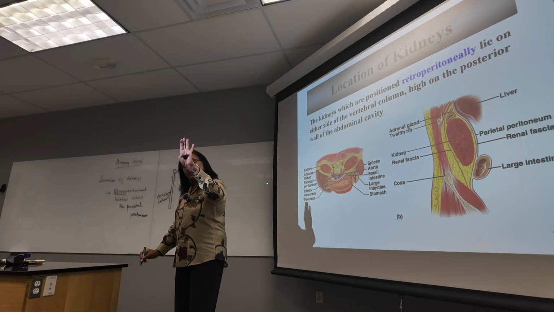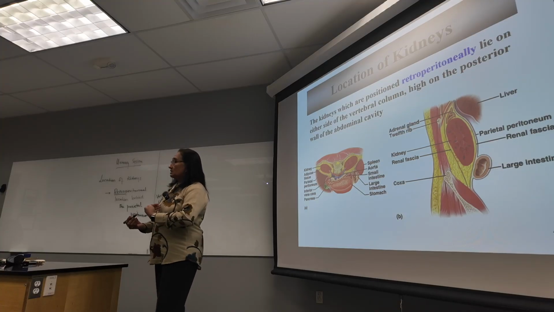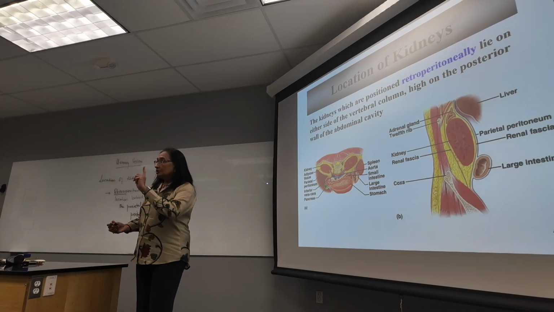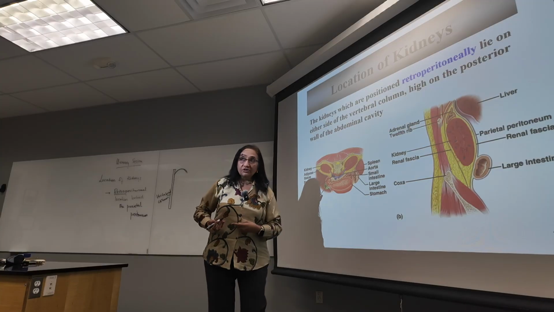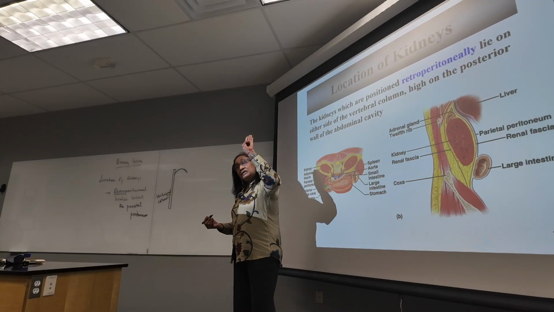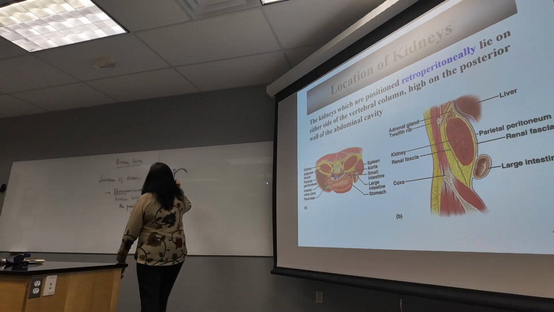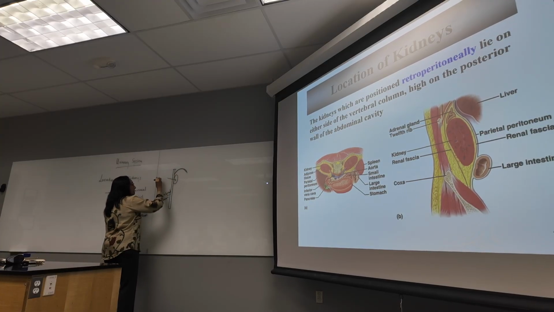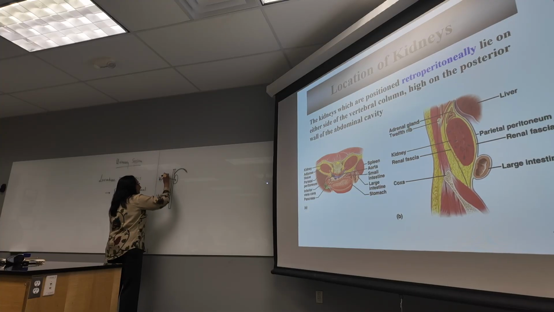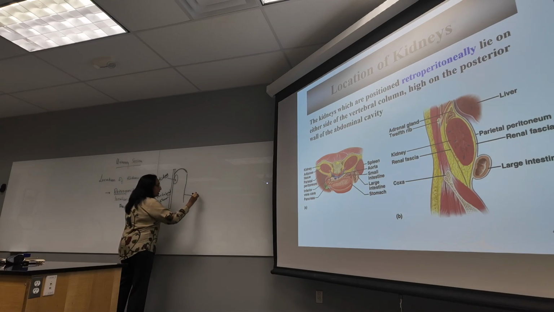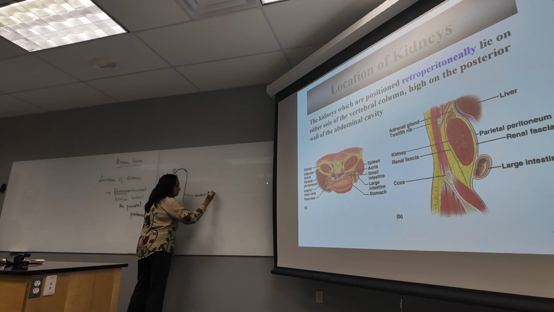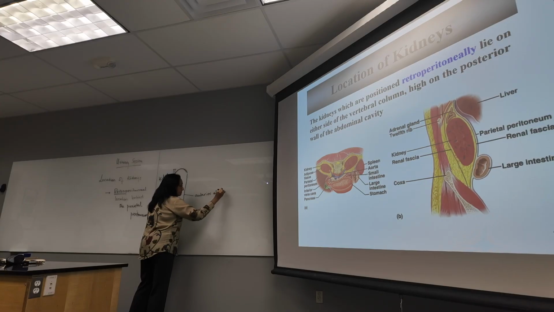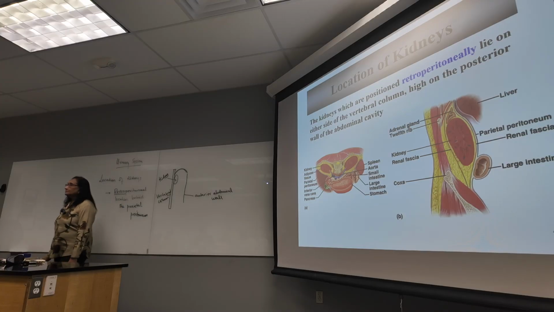Okay, so way behind, it's not in front. So if you were to cut the abdominal wall, you will not see the kidney. You will see the liver, you will see the stomach, the intestines. So the kidney is way back. Okay, so this is where the kidney is located. And let's say this is the anterior abdominal wall.